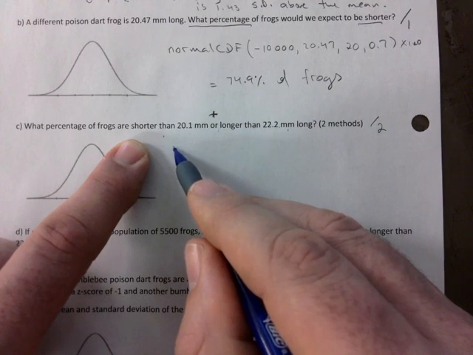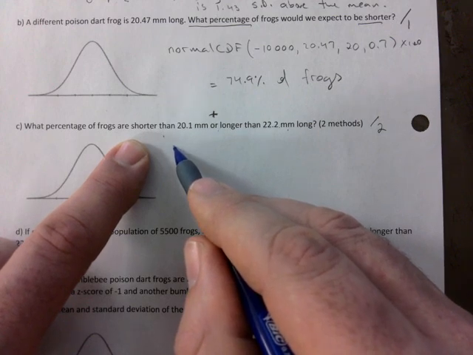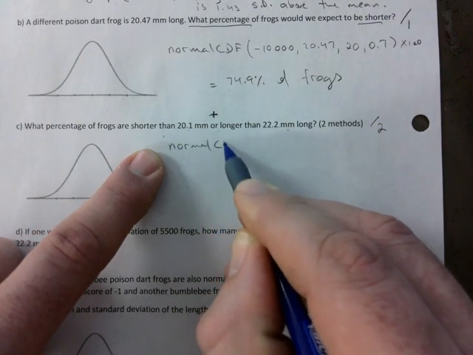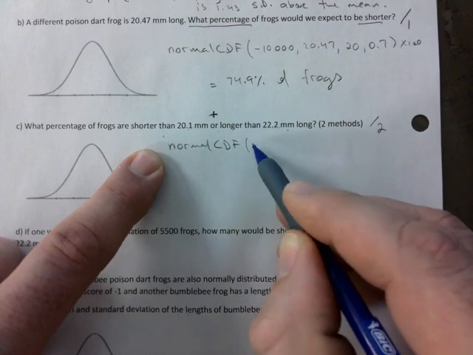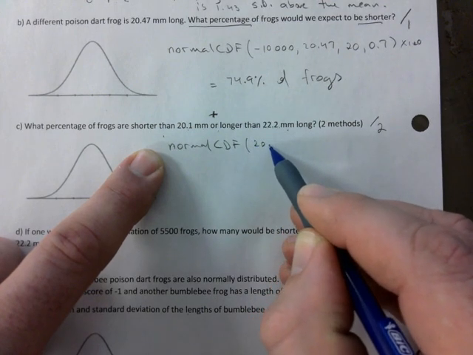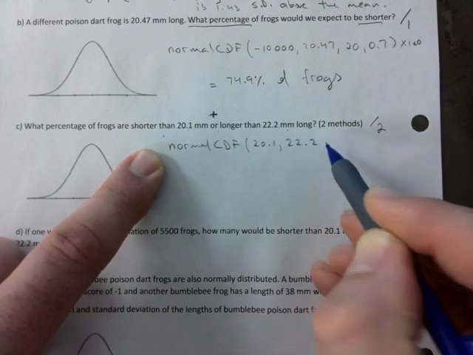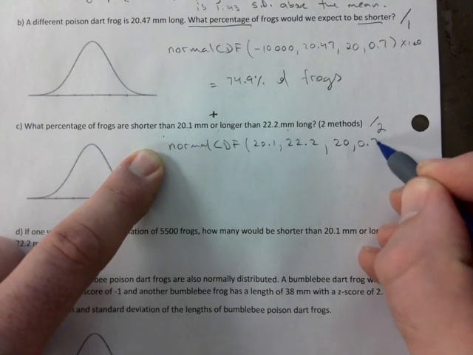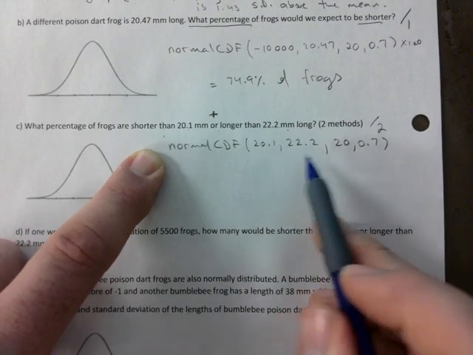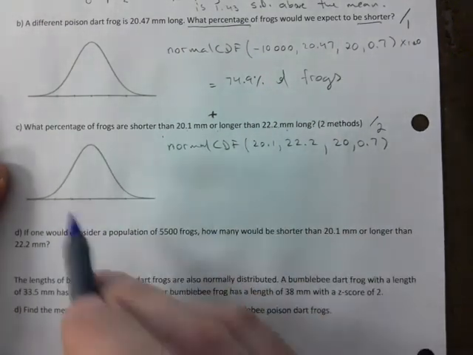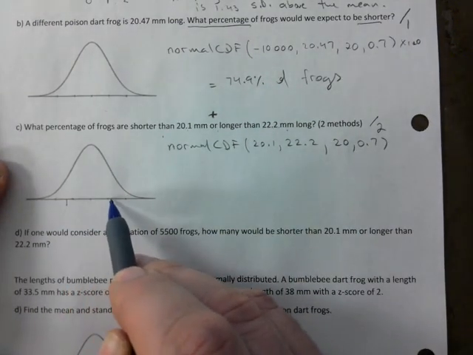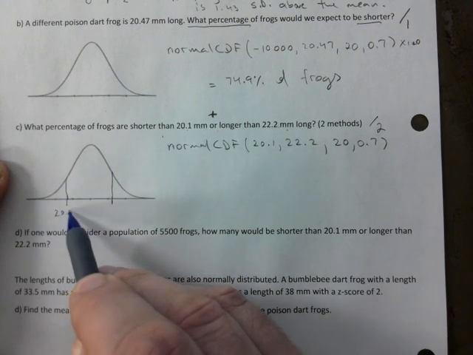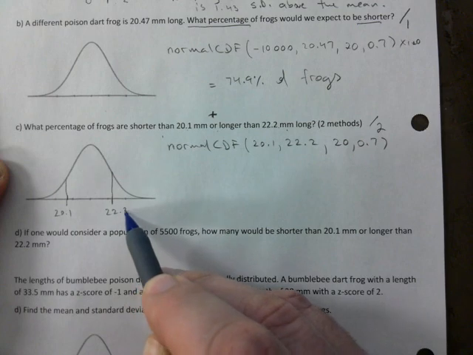So watch what I'm going to do here. I'm going to go normal CDF. I'm going to figure out the percentage between, don't erase if you did it a different way. Do not erase yet. What is it that I'm doing here? I'm figuring out the percentage. Let's say this is 21.1, this is 22.2, right?